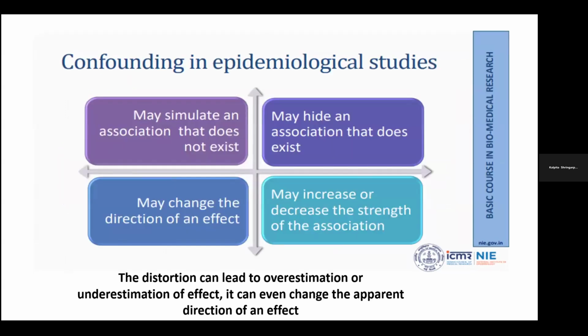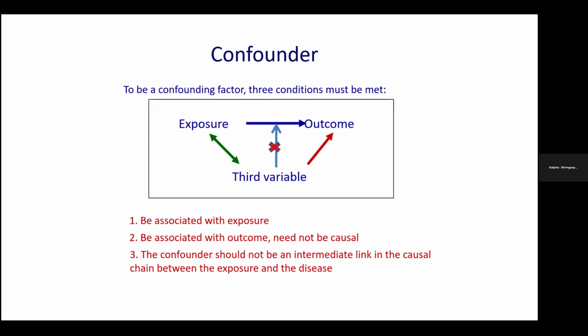Confounder is something which will lead to overestimation or underestimation of effect, and it can even change the apparent direction of the effect. How? Let us see this. So there is an exposure, there is an outcome which I am looking at in a particular study. There is a third variable which may be linked to the exposure, linked to the outcome, but it is not in the causal frame.